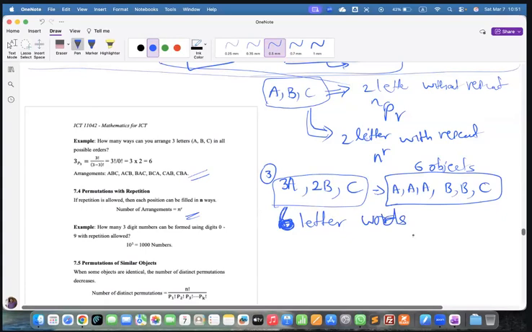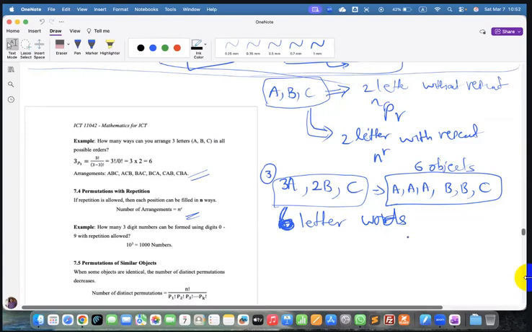So how many words can you make? This is the next one. How many words? Hope you can understand.